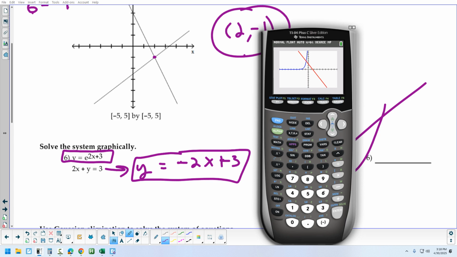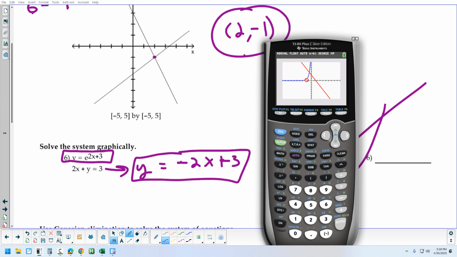Oh, right, because it's a negative slope, it's going to come down the other way, so it's only going to cross once. If it was a positive slope, it could cross twice, or not at all, or it could be tangent and just touch it once. But this one only hits once.